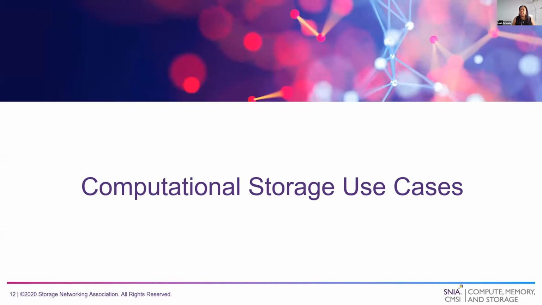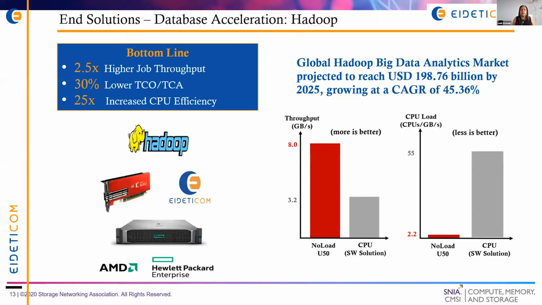Let's talk about some of the use cases that we have. One of the big use cases that we've seen has been with Hadoop. We've seen a lot of performance efficiencies and a lot of host CPU being able to be used for other things because we've been able to get this type of performance just off of the computational storage itself.